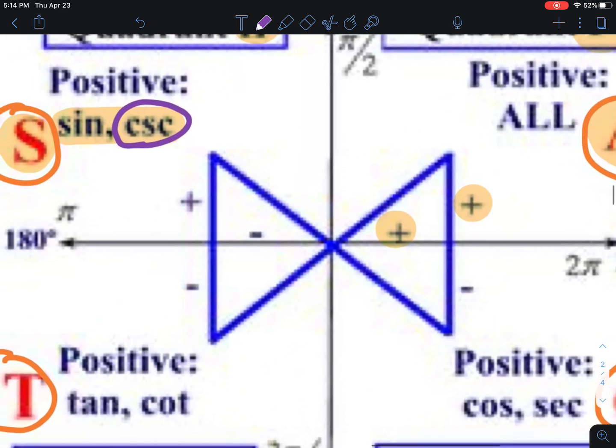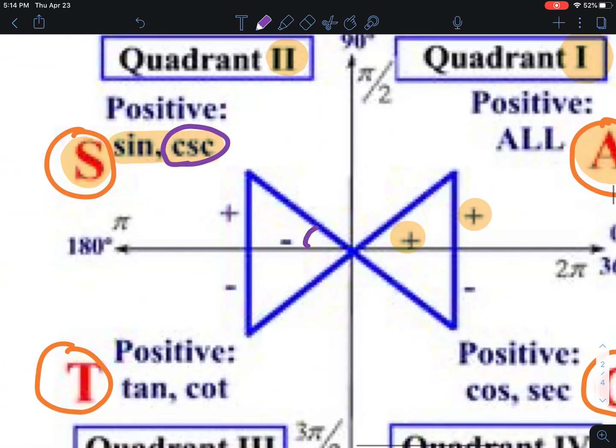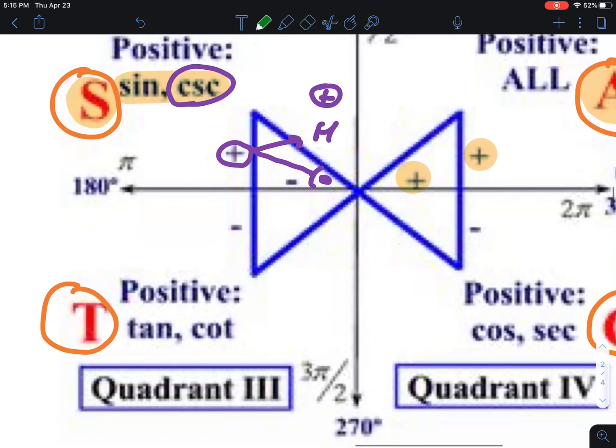If I look here, there's my theta, opposite positive, and hypotenuse is always going to be positive because a squared plus b squared is c squared, so it's always a positive number. So positive over positive is positive, obviously. But adjacent is negative, and negative over positive is negative. Tangent, opposite over adjacent, is negative. So the only one that's positive is sine.